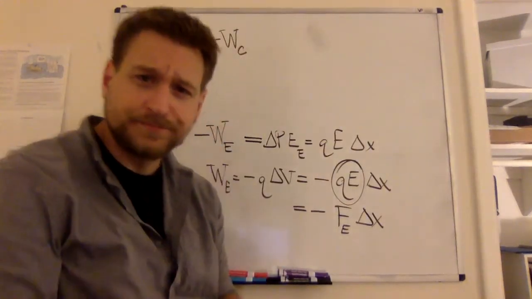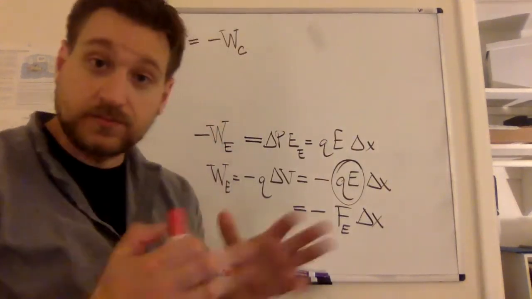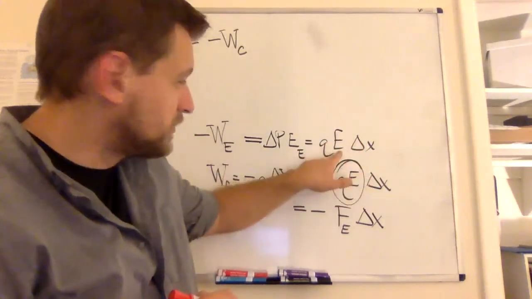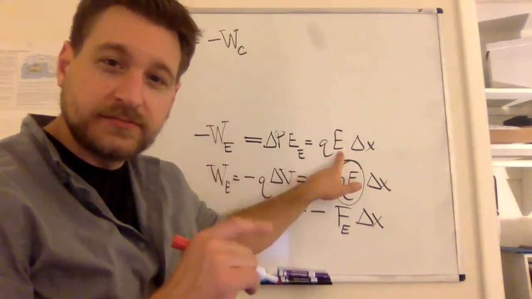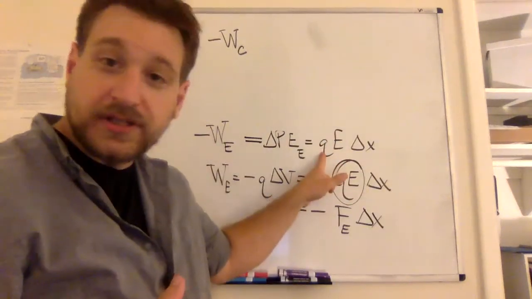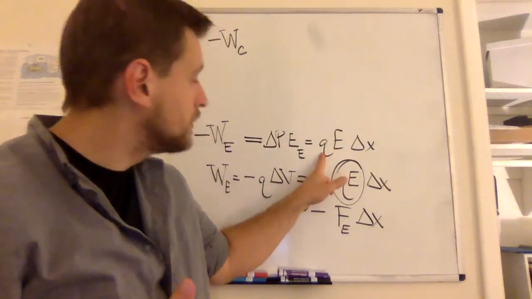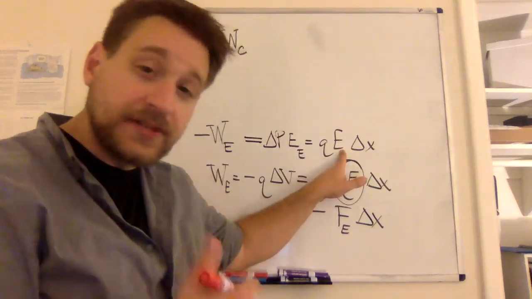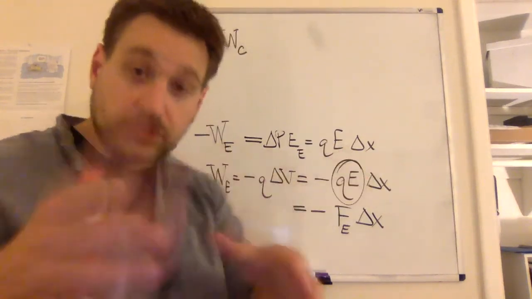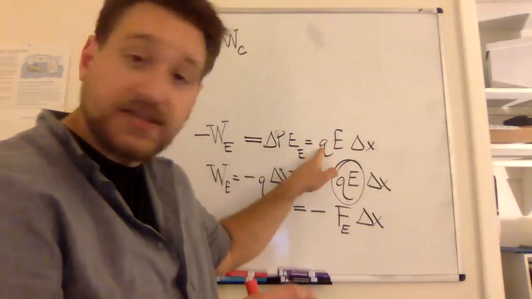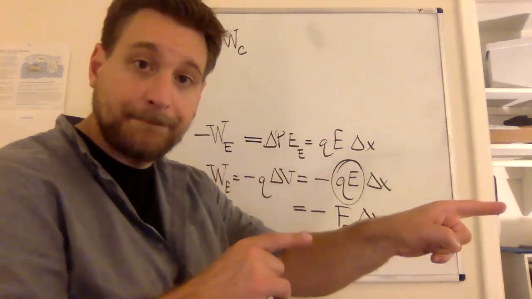And here's the trouble. If the electric field, the environment that we're putting Q into, is positive, in other words, due to a positive charge, it pushes a positive Q away, right?